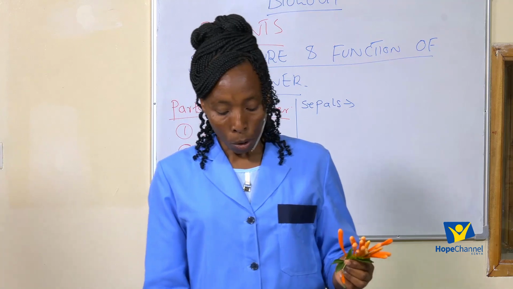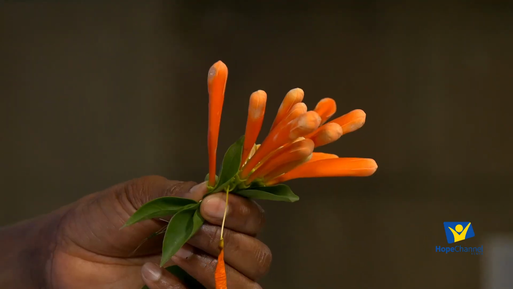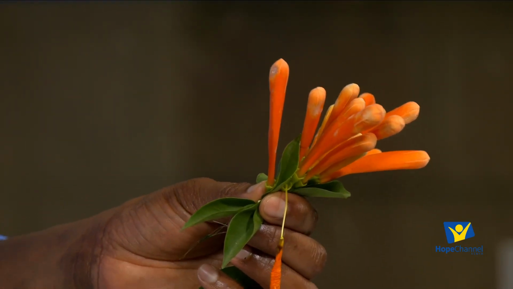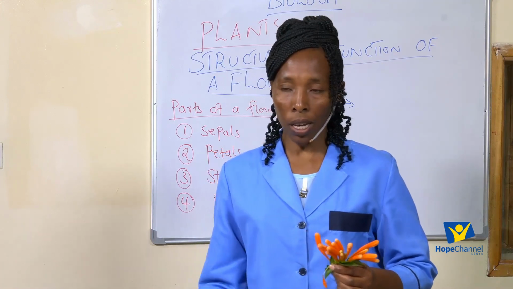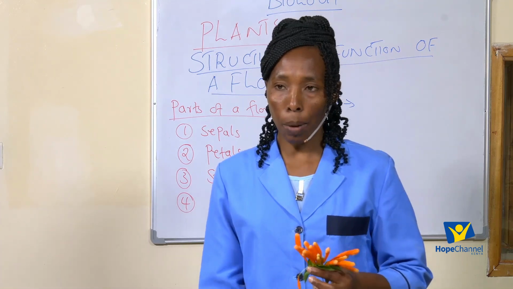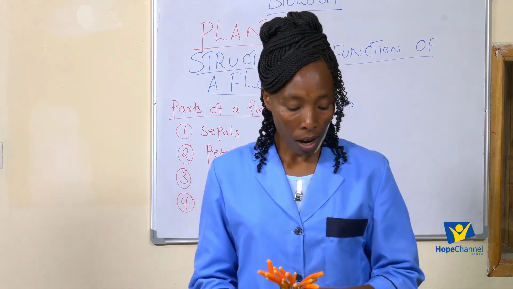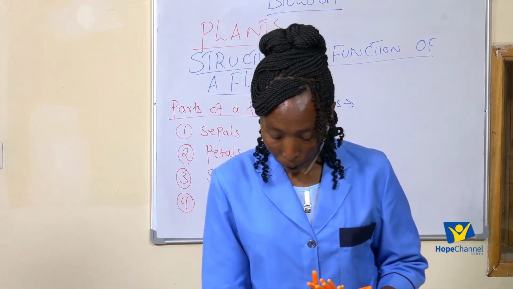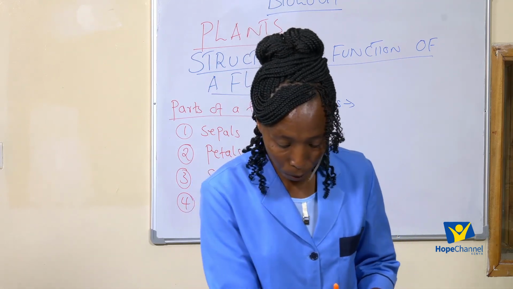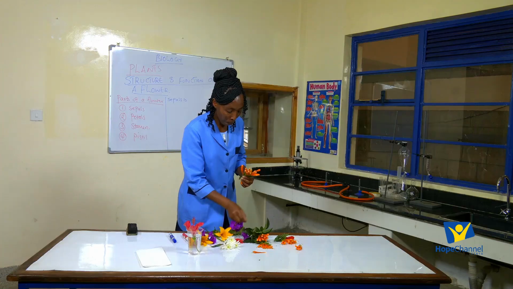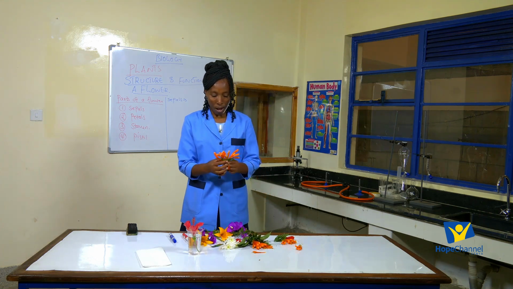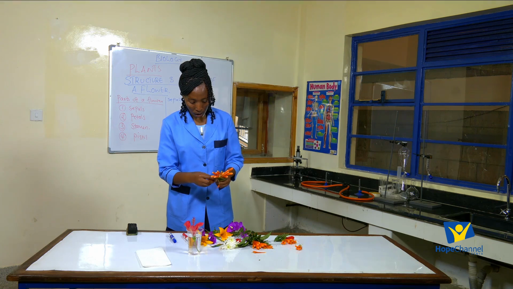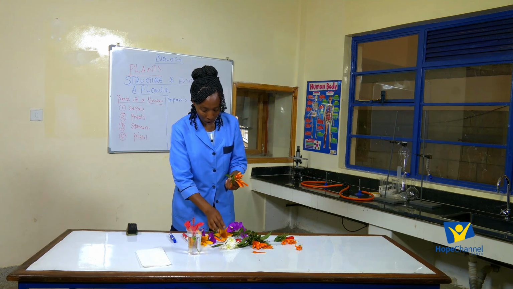Now, when we talk about sepals at the early stage of development of a flower, that is the bud stage, the sepals enclose the flower. So I want to pick a sample from here so that we are able to see this at the budding stage. Let me pick this one.